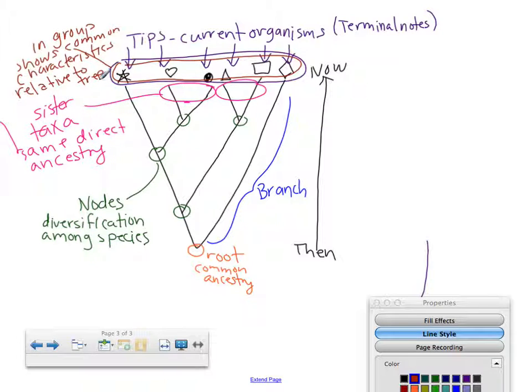Because there are going to be other trees out there, like the one that has to do with plants. Maybe one has to do with mammals or other types of organisms, invertebrates. This can branch out. So when they're all grouped like this, one group is going to be the in-group and it's going to show common characteristics relative to this tree. Does that make sense? Okay.